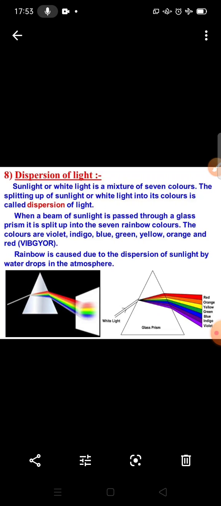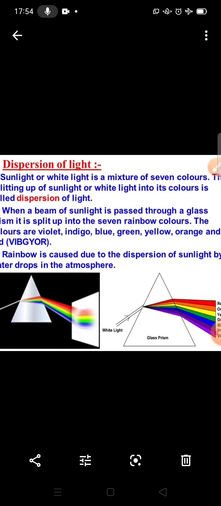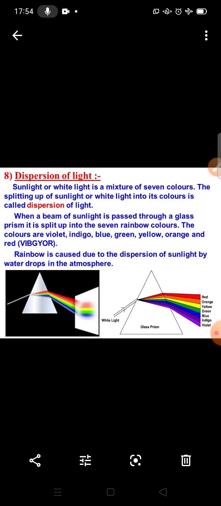This dispersion of white light can be obtained by a prism. This was demonstrated by Sir Isaac Newton and was published in his book Optics in the year 1704. So a rainbow is caused due to the dispersion of sunlight by water droplets in the atmosphere.